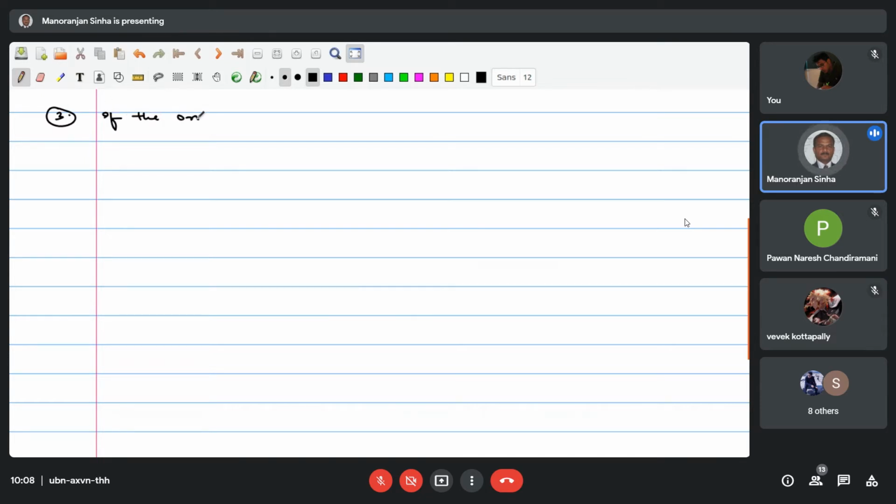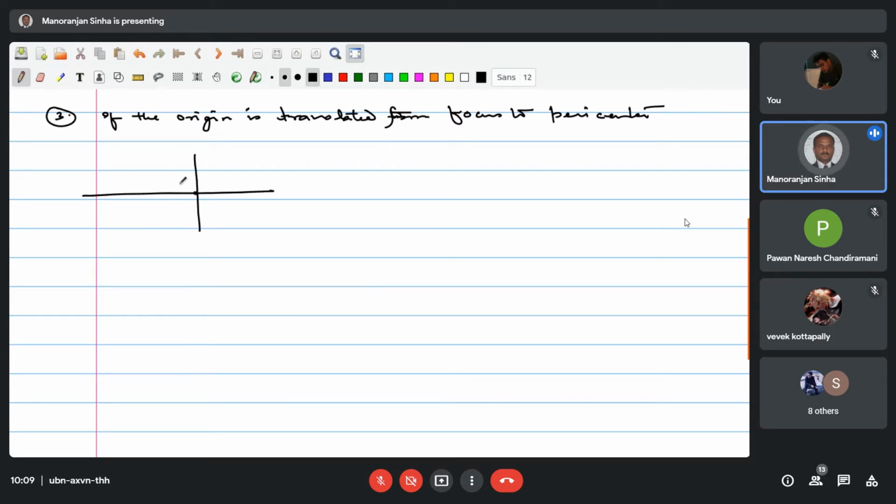If the origin is translated from the focus to the pericenter or the perigee position, in this case your origin is lying here, and this is your conic section, and this is the pericenter.